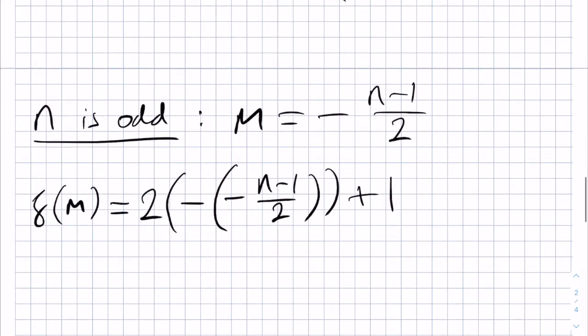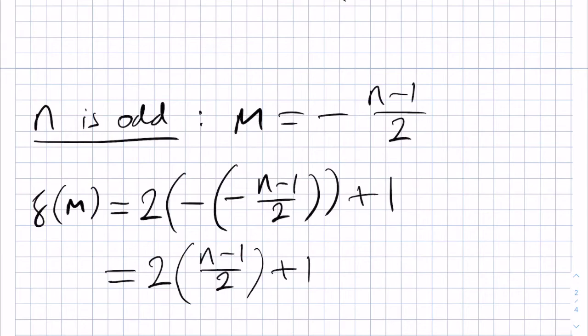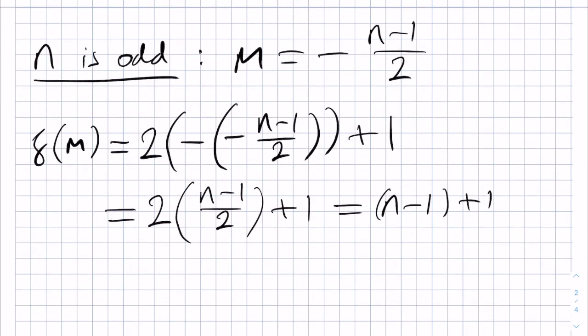The two minus signs cancel out, and this gives us 2 lots of n minus 1 over 2 plus 1. The 2's cancel out, giving us n minus 1 plus 1, and then the minus 1 and plus 1 cancel out, giving us n. And this is why we chose m as above.